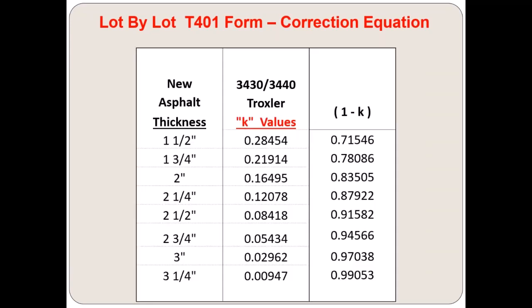As we'd said before, this presentation is dealing with Troxler 3400 series gauges, and this K value is unique to these gauges. The K value is going to be based on the thickness of the new asphalt that's being placed, and these numbers are on the form as well.